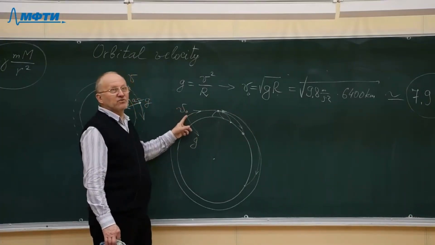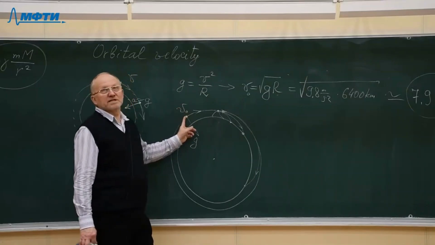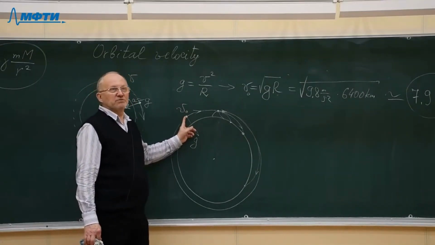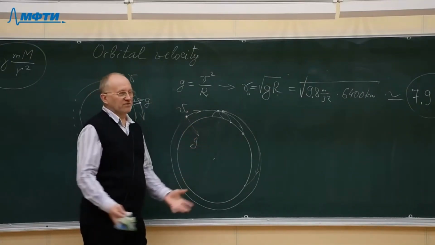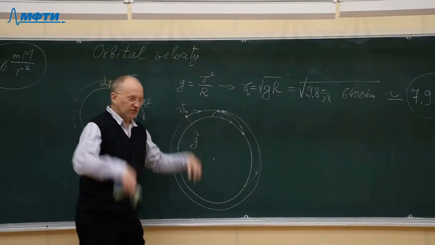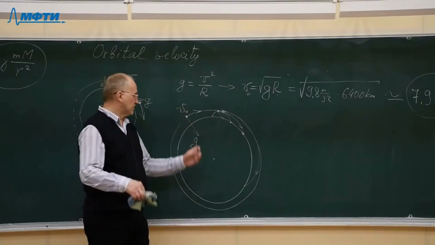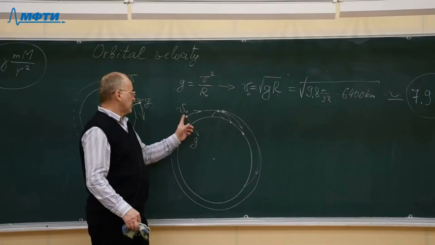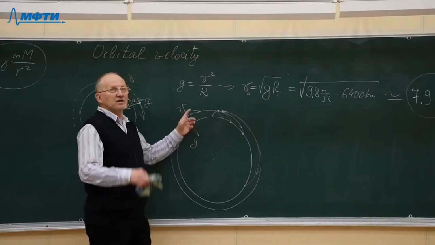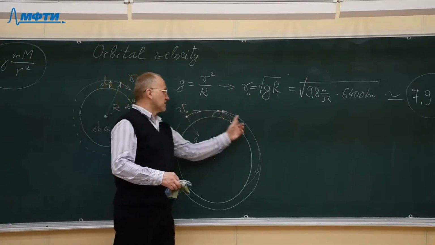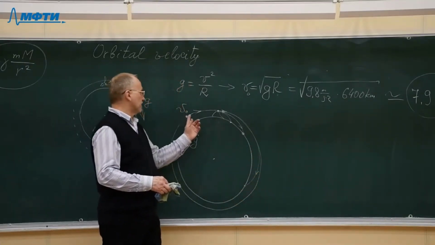And therefore we have weightlessness, the state of weightlessness, because both the spaceship itself and everything inside it fall down with the same acceleration, with the acceleration of free fall. And therefore the objects inside fall down as the satellite moves along the circular orbit.